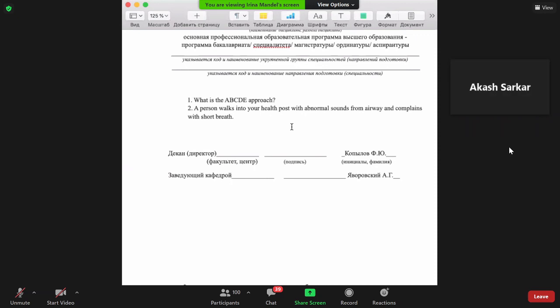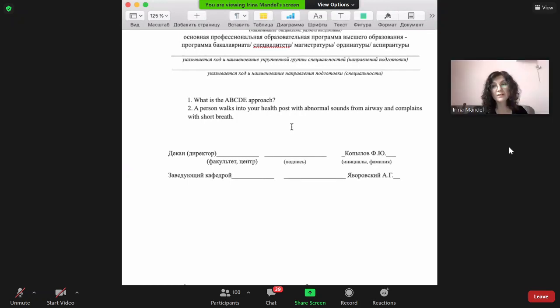Professor, can it be pleural effusion or a chronic case of COPD, like asthma or something? Yeah, it could be COPD patients. And even if old COPD patients complain of short breath, you should pay much attention because it's quite often pulmonary embolism in old patients with COPD.